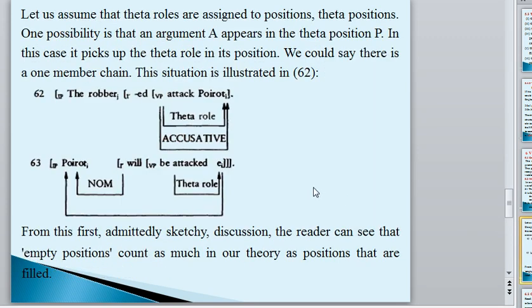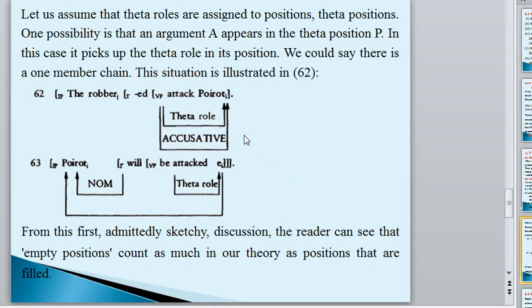Let's assume that theta roles are assigned to positions, theta positions. One possibility is that an argument A appears in the theta position P. In this case, it picks up the theta role in its position. We could say there is a one-member chain.